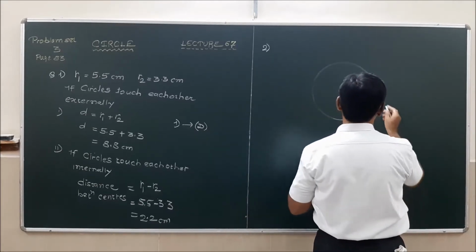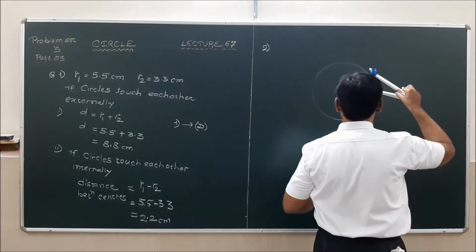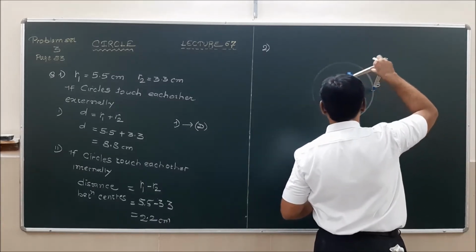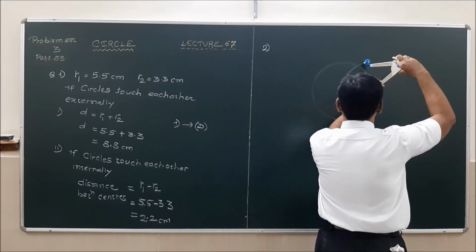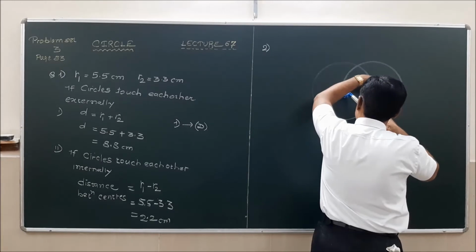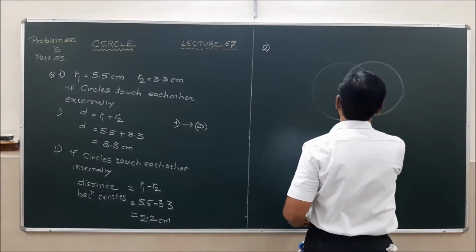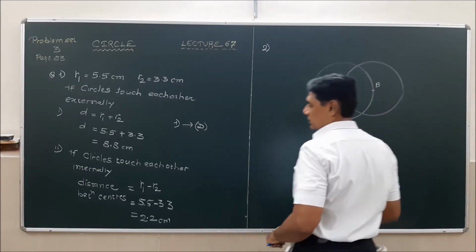So if I take this as point B, and if I draw the other circle, then you will find this distance AB.